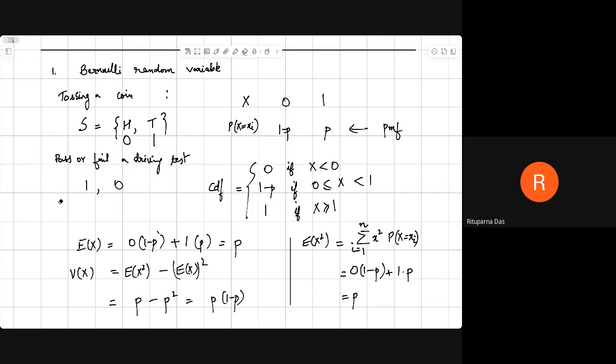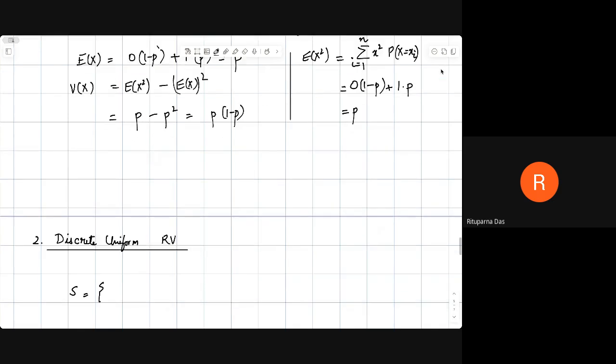Okay, wait, let me write it like this. So this is the random variable fail. For fail we are assigning 0 and for pass we are assigning 1.